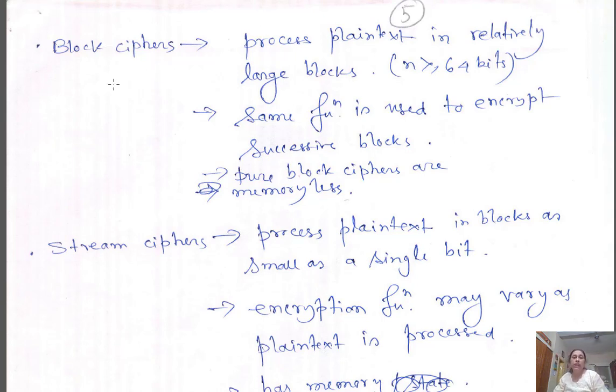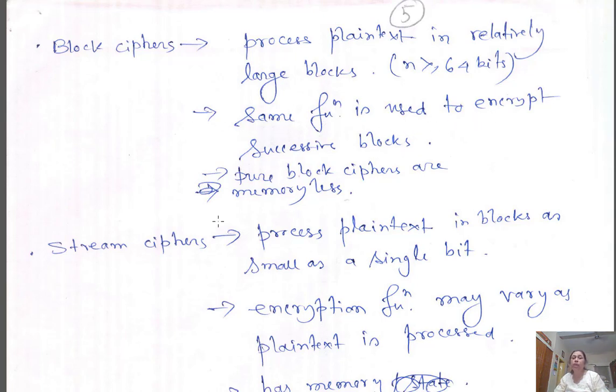Block ciphers: in block ciphers, we process plain text in relatively large blocks. Each block size is at least 64 bits. So the block length is fixed, but it is taken to be not only 1 bit or 2 bits. It is at least 64 bits. DES, already we have seen, is 64 bits. And the same function is used to encrypt successive blocks.